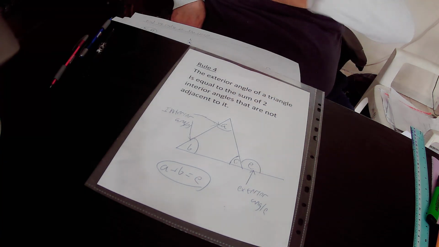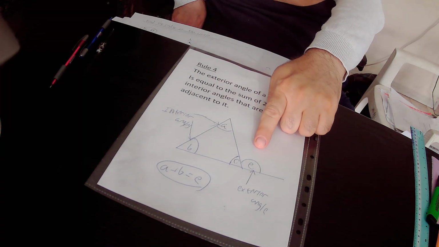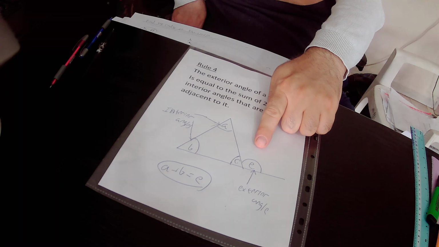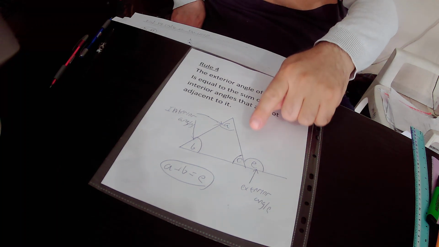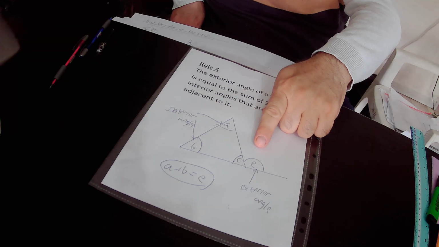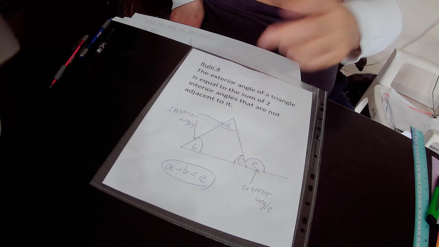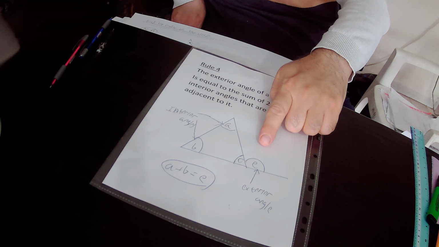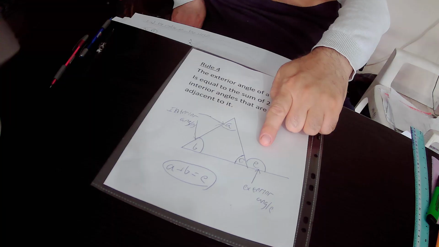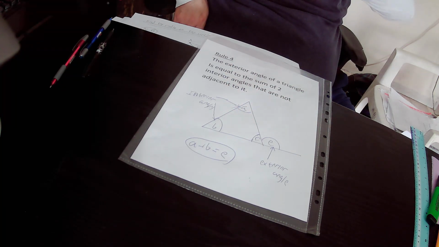According to rule 4, the size of the exterior angle E will be equal to the sum of the two angles that are not adjacent to it. Angle C is adjacent to this angle, and the other two angles that are not adjacent to it are A plus B. Therefore, the size of this angle E, according to rule 4, must be equal to A plus B. Again, E equals A plus B, according to rule 4.